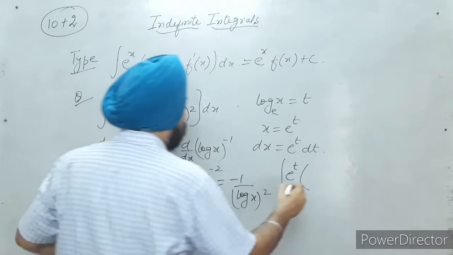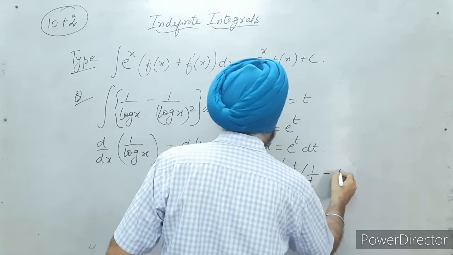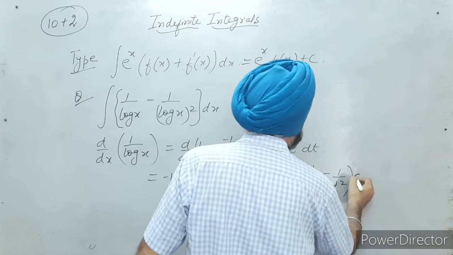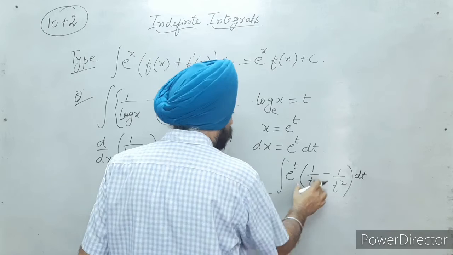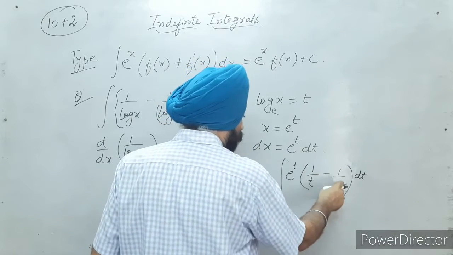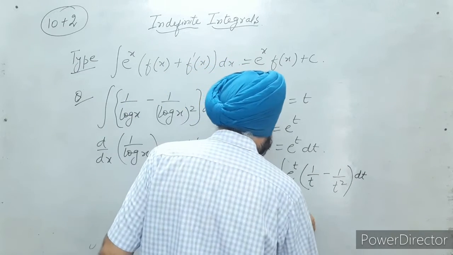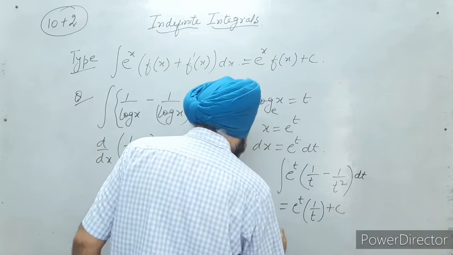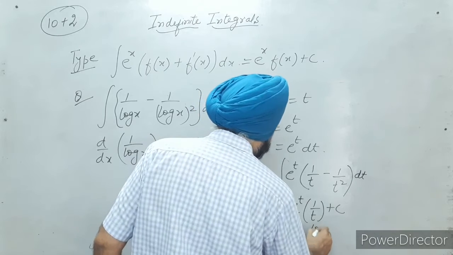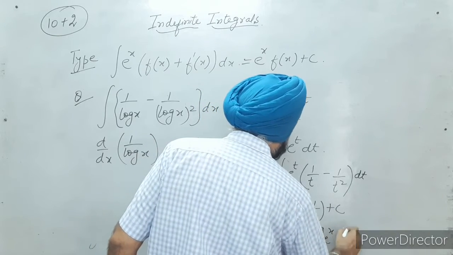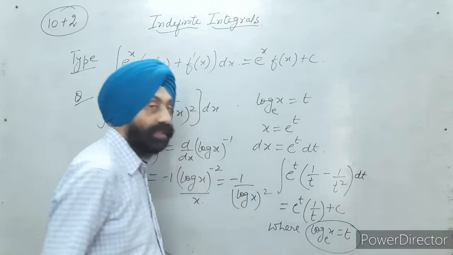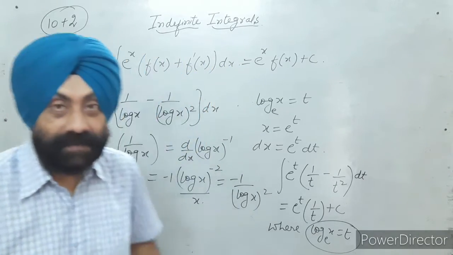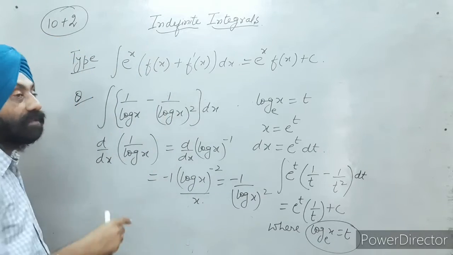This is (1 by t minus 1 upon t square) dt. Now it's very simple. The derivative of 1 upon t is minus 1 by t square. So answer is e the power t into 1 by t plus c, where log of x to the base e was equal to t. This is the way we solve this type, that is e^x (f(x) plus f dash (x)) plus c.